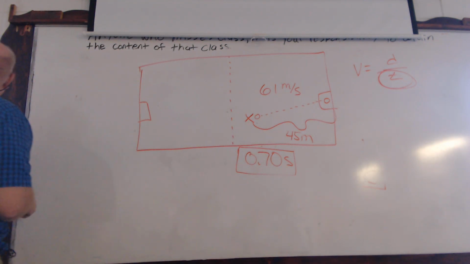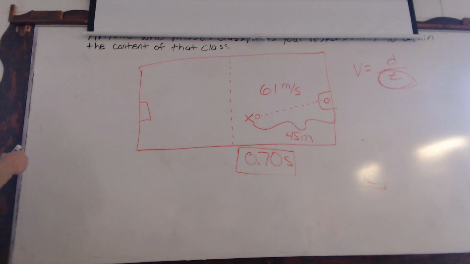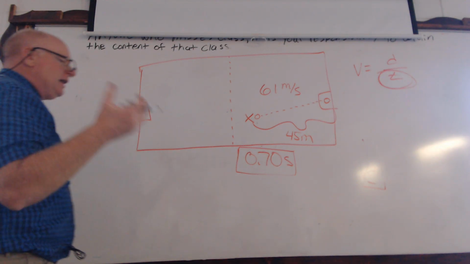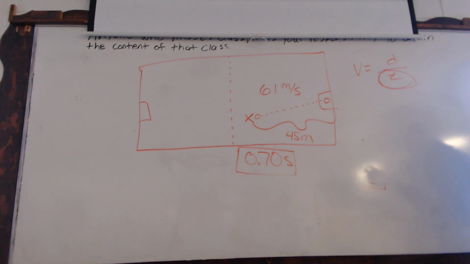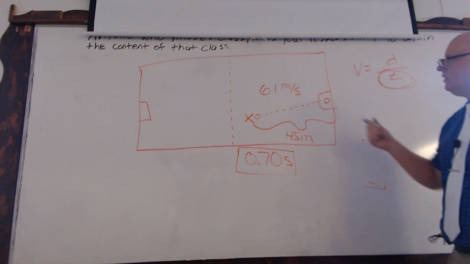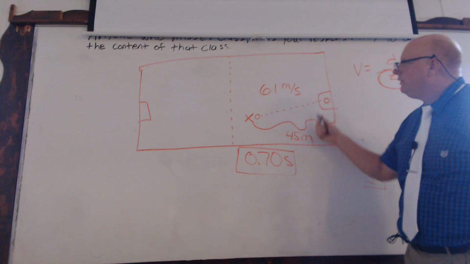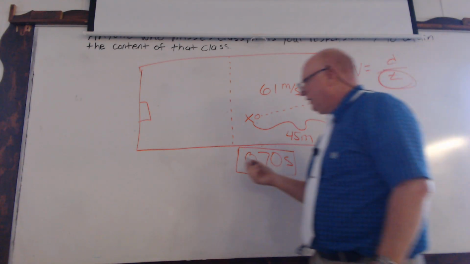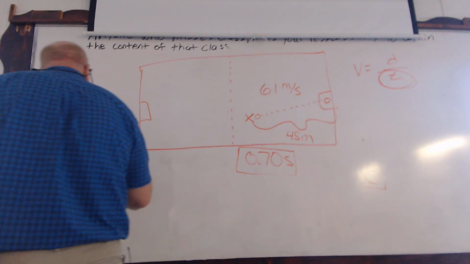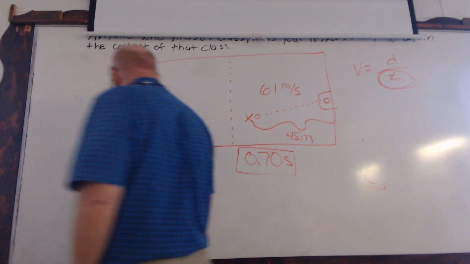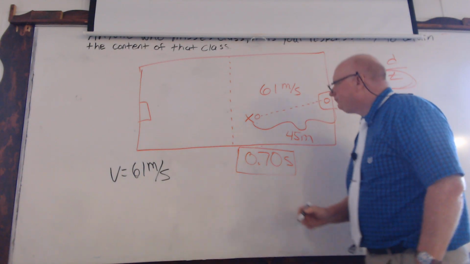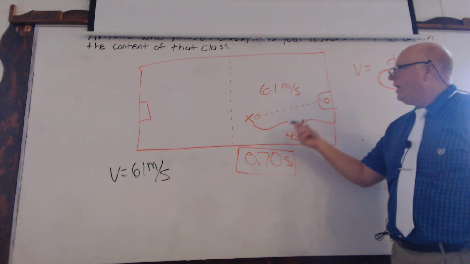So in this case, we read the problem. What do we know when this hockey player takes a shot? The puck is moving at how fast? Which we had established. Which one of these here is how fast? 61, okay? So the velocity equals 61 meters per second. What else do we know in this problem? How far away was this?